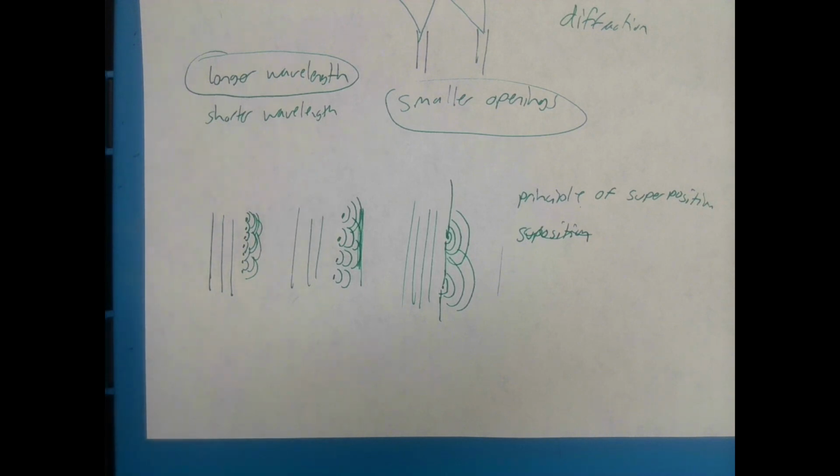But the shorter wavelength, green, is more pronounced. Does that make sense? You can see it better, but the red one's going to be spread way more out.